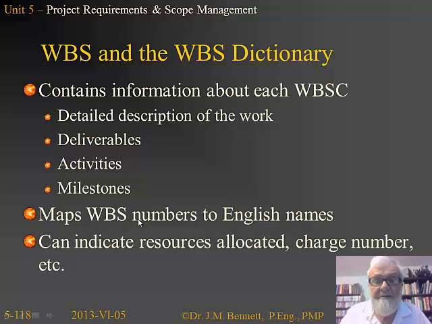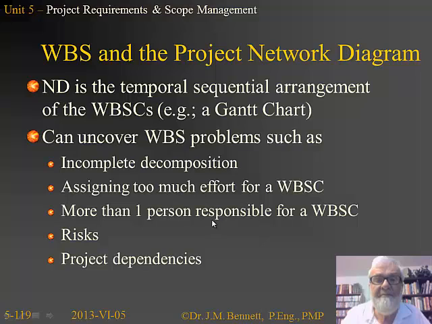The dictionary also maps numbers onto English names that are descriptive of what we're doing. The WBS numbers indicate where in the hierarchy you're going to place this guy, and then the English name is what the descriptor is saying what it's supposed to do. We can also indicate the resources that have been allocated, charge numbers or charge accounts, for example, for accounting, and lots of different things like that.